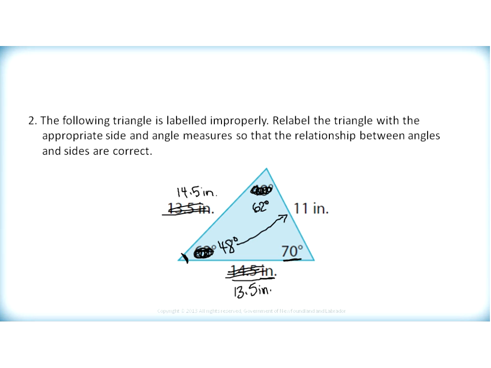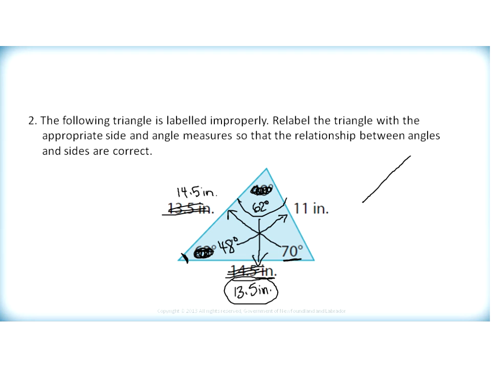So what we'll see now is that our shortest side is opposite our smallest angle. Our longest side is opposite our largest angle. And then the side that's in between, which is 13.5, is opposite the middle angle. So the middle side length and the middle angle are opposite to each other as well.